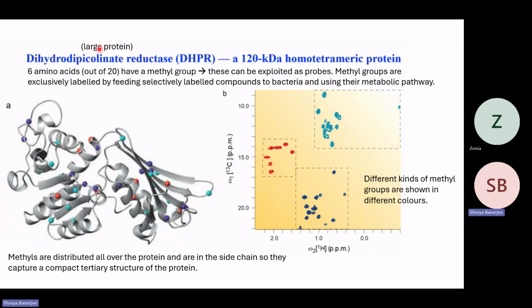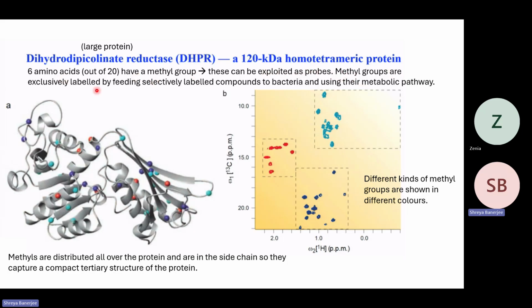Now what if it's a large protein like dihydrodipicolinate reductase, DHPR, which is a 120 kilodalton homotetrameric protein? Here, we know that out of the 20 naturally occurring amino acids, 6 of them have a methyl group, and we can use these as probes.